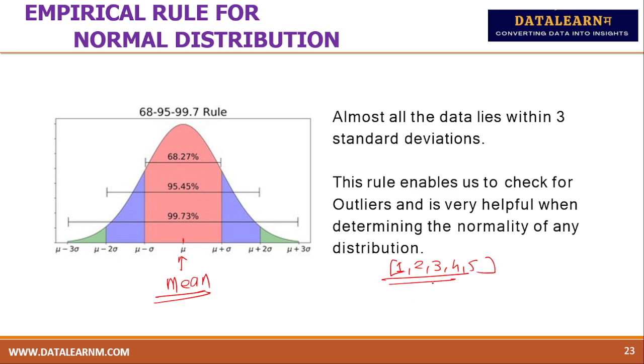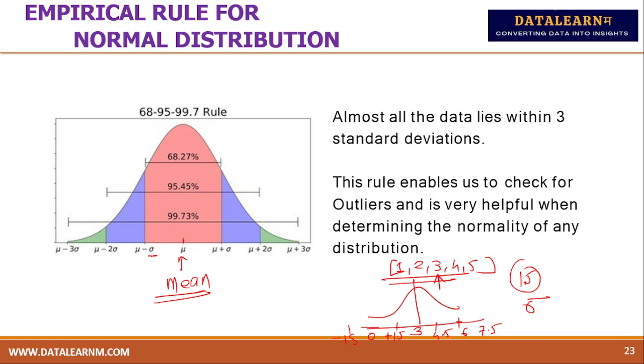The mean will be 3, and the values are like this: plus 1.5, 0, minus 1.5. Here it is 4.5, then 6, then 7.5. So the difference for each value is 1.5. That is nothing but standard deviation.